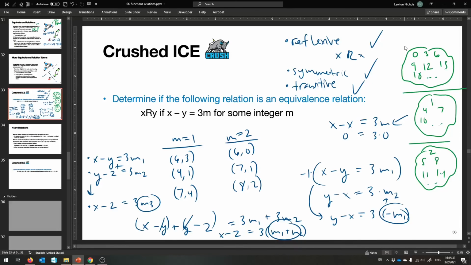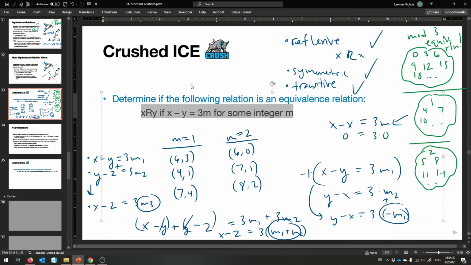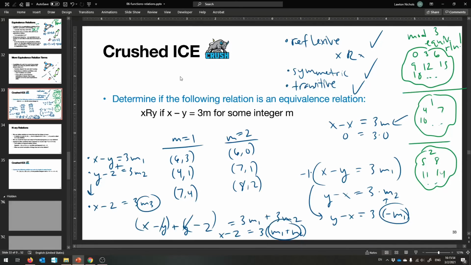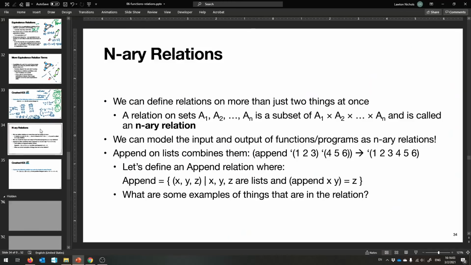It's doing mod 3. You see that? It's essentially the mod 3 equivalence relation. All the things that are equivalent mod 3. What? Isn't that the coolest thing? So, yeah, here is how you can define that 2 numbers are equivalent modulo 3. Isn't that fun? And it's an equivalence relation. So, yeah, very unexpected, but very, very cool.